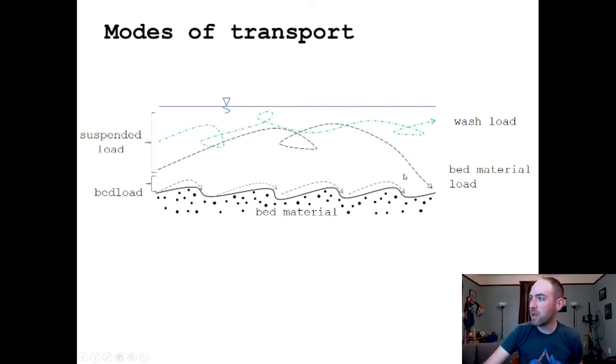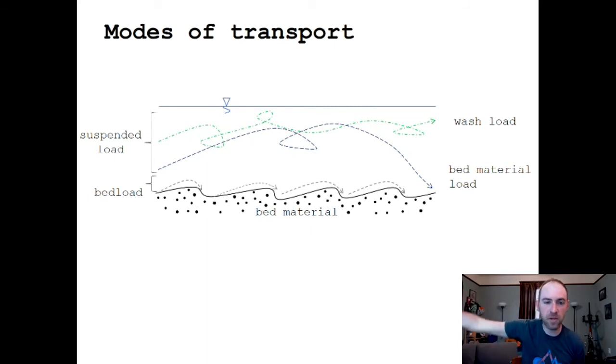So in some rivers, like the Mississippi River here out our door, a lot of the particles that are being transported in suspension are so fine that they never settle out and never exchange with material on the bed. So you'll have coarse material on the bed and really fine material in the flow.